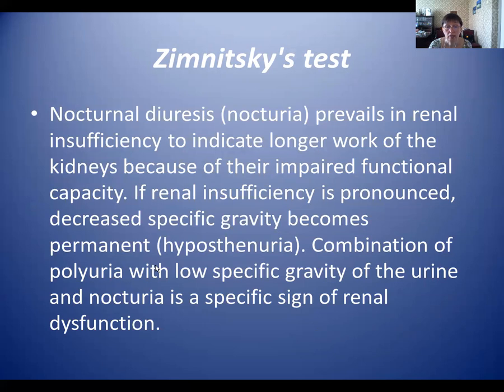And you see that nocturnal diuresis, nocturia, prevails in renal insufficiency, and also specific for renal insufficiency is that the specific gravity of the urine becomes permanent and low, and it is called hypostenuria.